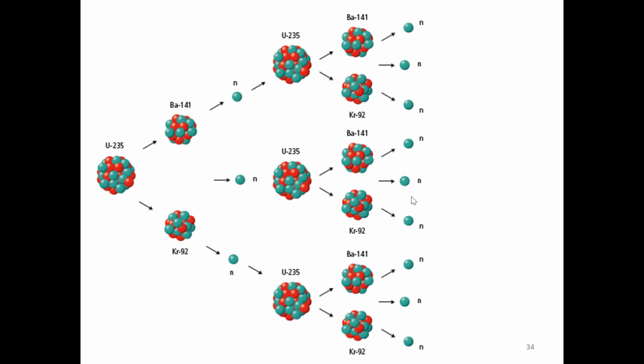In nuclear power plants, they usually have mechanisms to control these reactions. This is why they use uranium as fuel, to get the energy, but they need to control the chain of reaction.